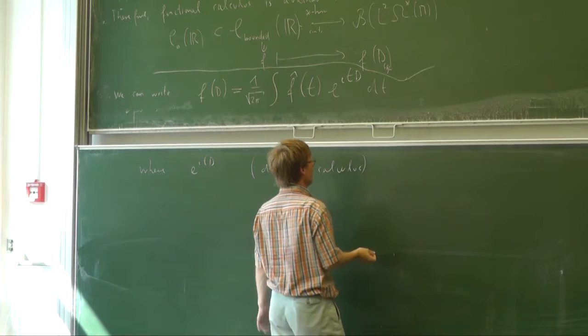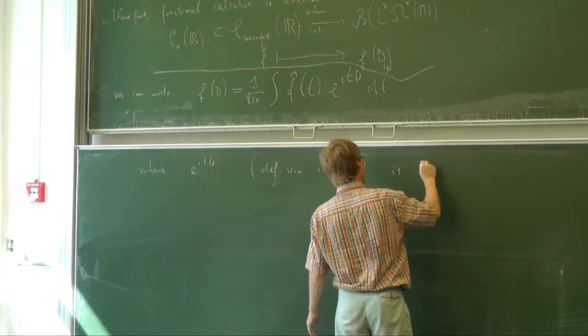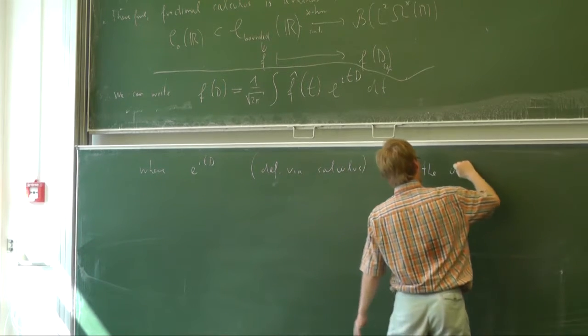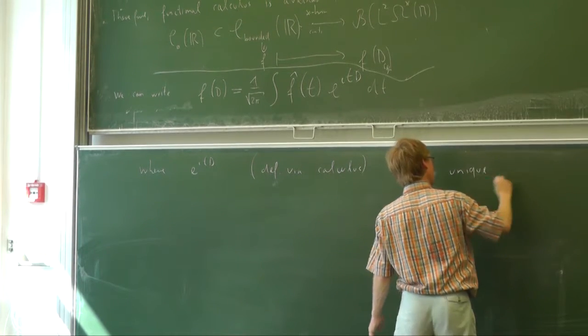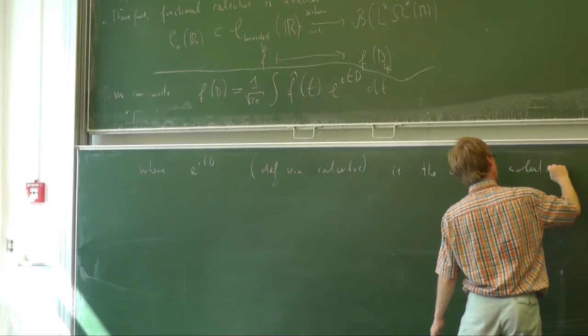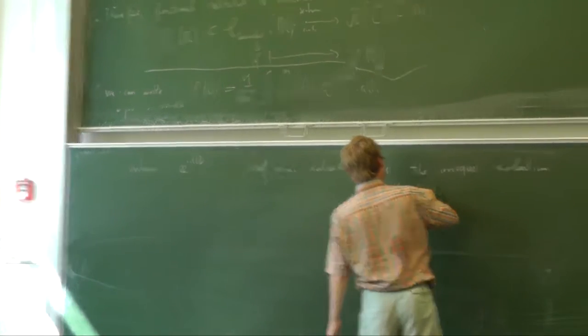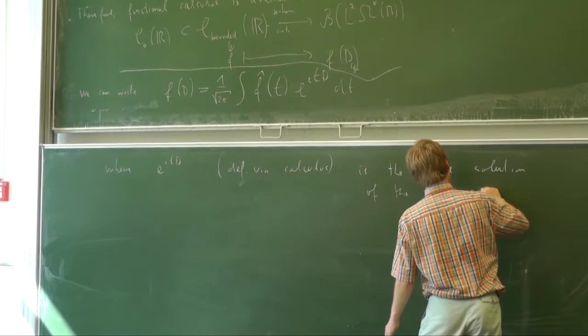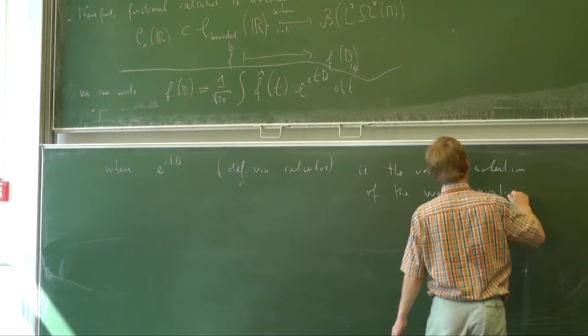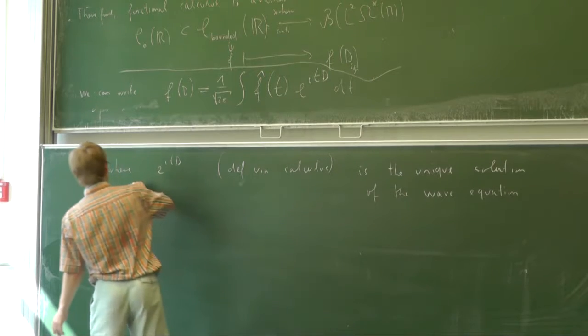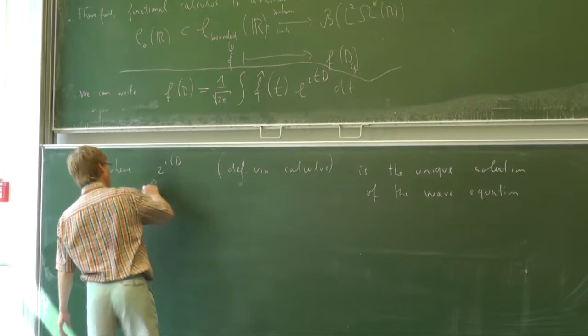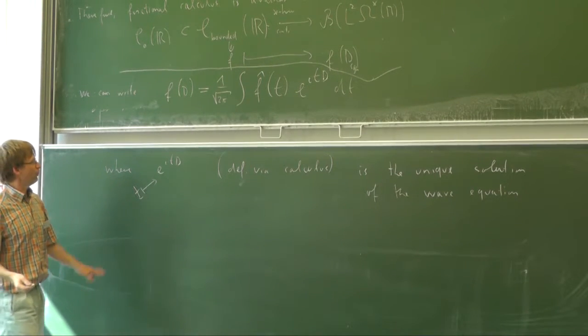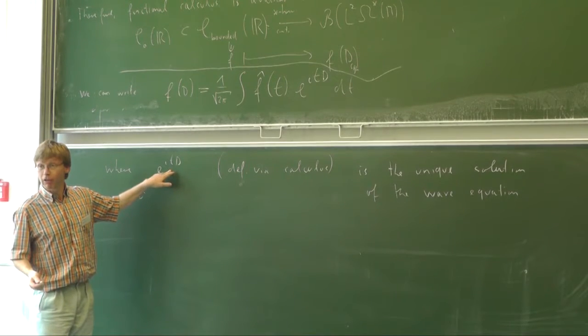It also has the property of being the unique solution of the wave equation. And then think of t goes to e to the itD as a map from the reals to unitary operators.